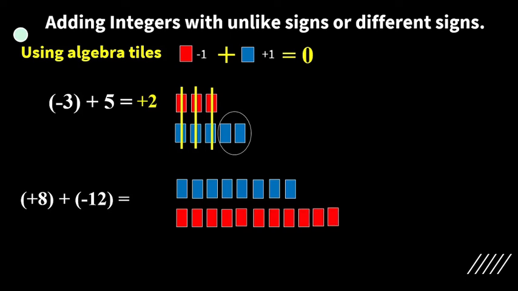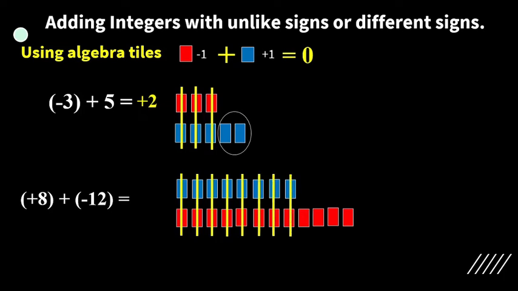And let's pair. Remember that all those tiles having pair, we will be canceling out because -1 plus +1 is equal to 0. So we have here 4 red tiles, which means -4. Therefore, +8 plus -12 is equal to -4.